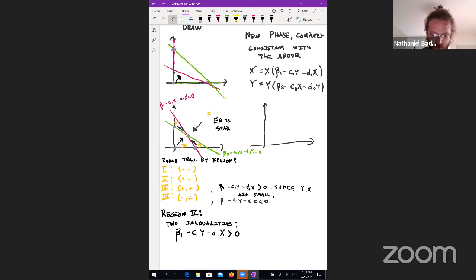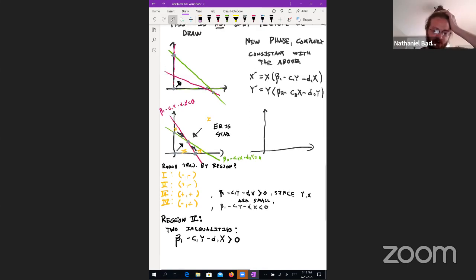So if we have this region, it has some relation to 0, right? It's either greater than 0 or less than 0?